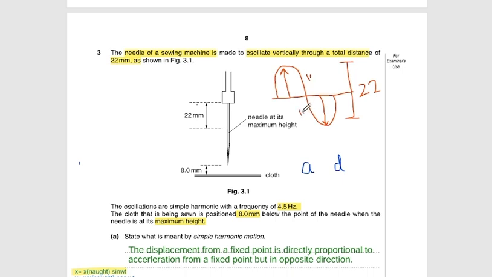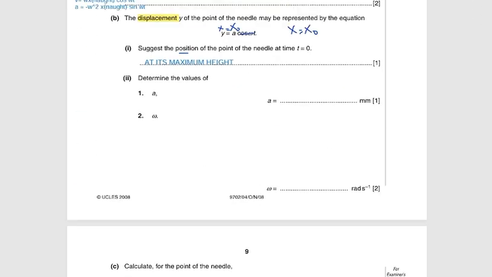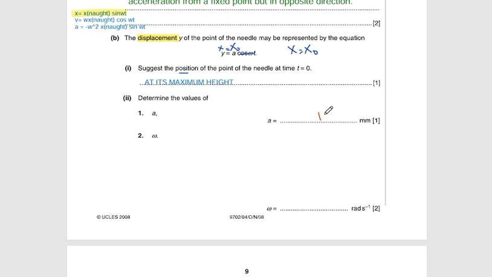Because only then I can say that if this was 11 above, it was 11 down, and so when you add these two, you will get the total distance, that is 22. So I can say that the amplitude is 11 millimeter. So you will write 11 millimeter.